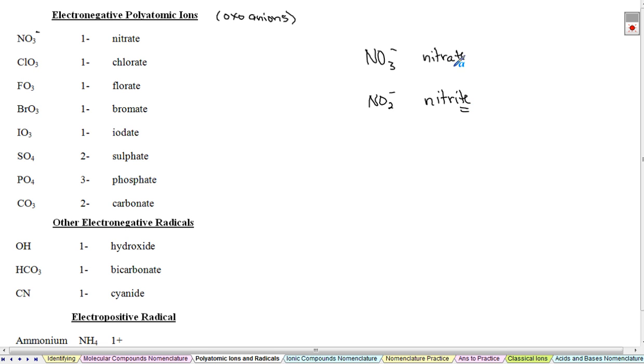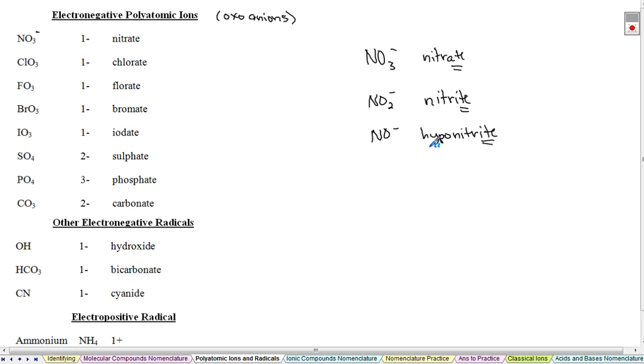Notice that with an oxoanion, the normal state for it is ATE. However, if I lose 1 oxygen, I put an ITE at the ending. If I lose 2 oxygens, then it would be hyponitrite.